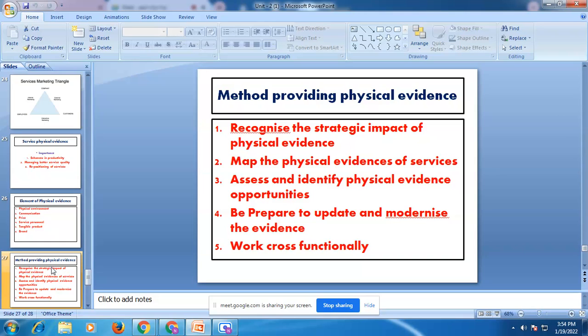So for many firms, the first step toward providing physical evidence is to recognize its need and importance in the customer service and delivery process.